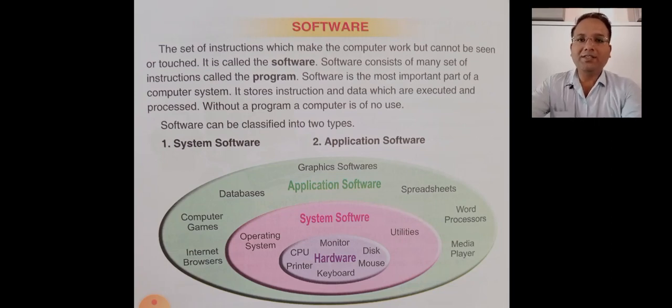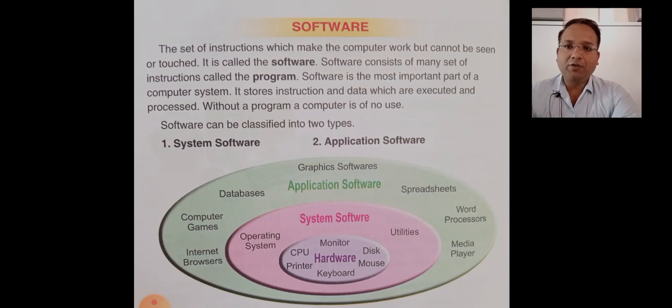So here you can see the image. Examples of application software are database software, computer games, internet browser, graphics software, spreadsheet, word processor, media player. These are all called application software.